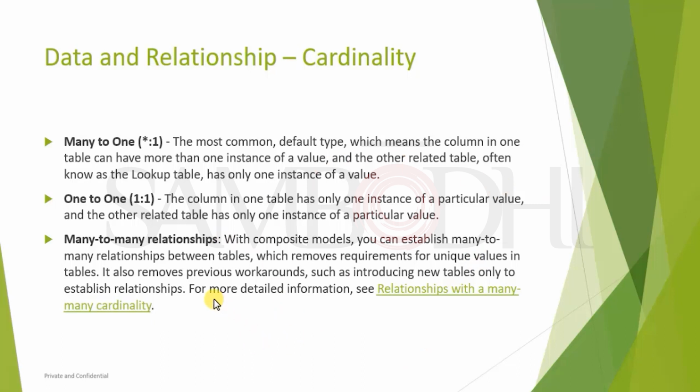So this used to be a workaround for quite some time, and it is still prevailing in most of the cases. So either you do a many to many relationship, but if you feel it is too complicated and very difficult to handle, you are losing track, in that case, you might go for a common table which would hold unique values, and that common table is in one to many relationship with the actual tables. So this is all about cardinality in the relationships.